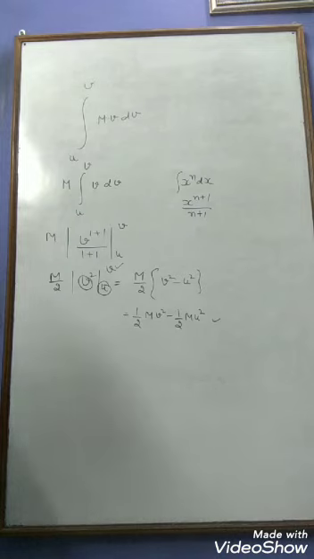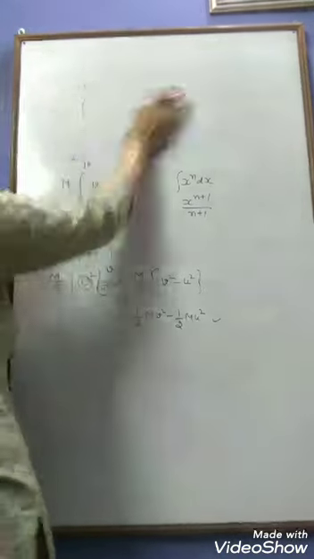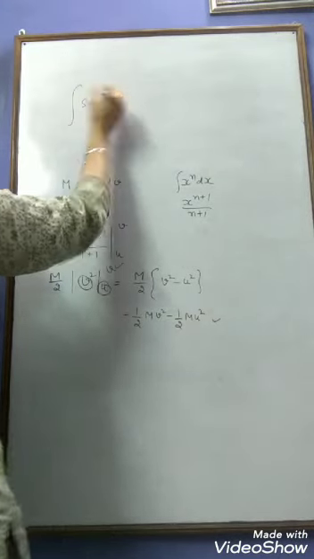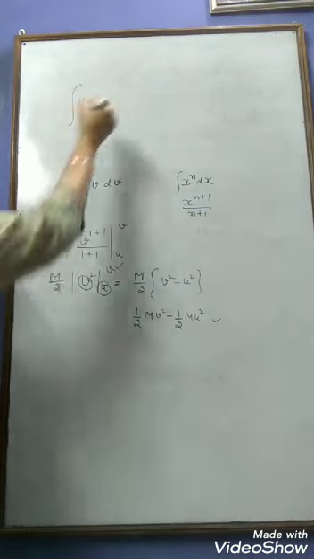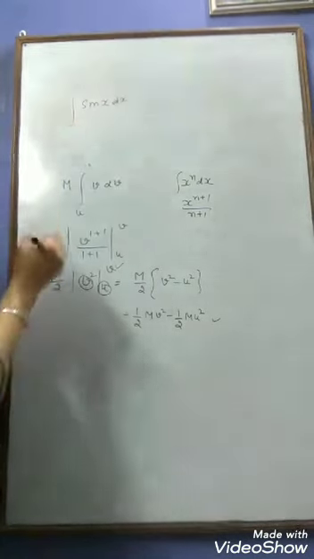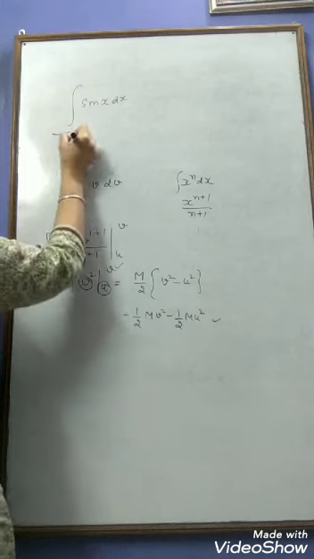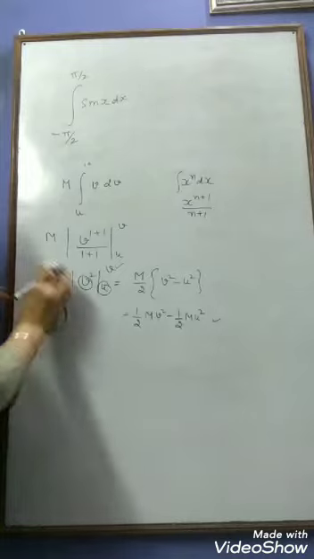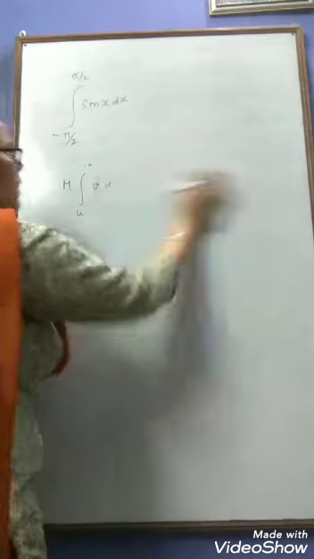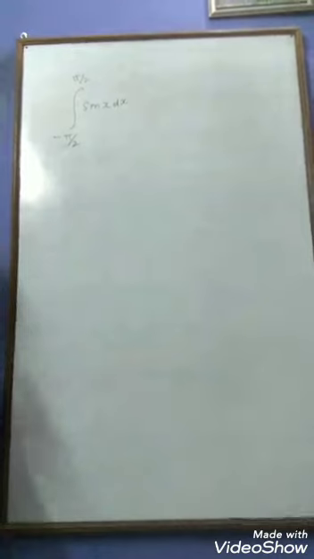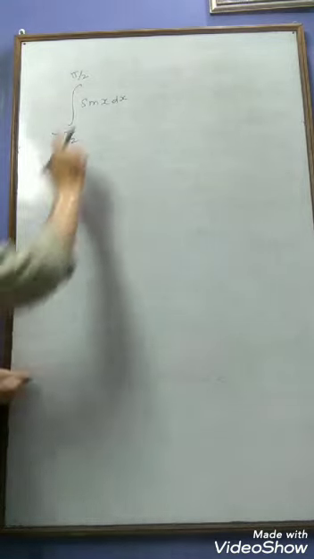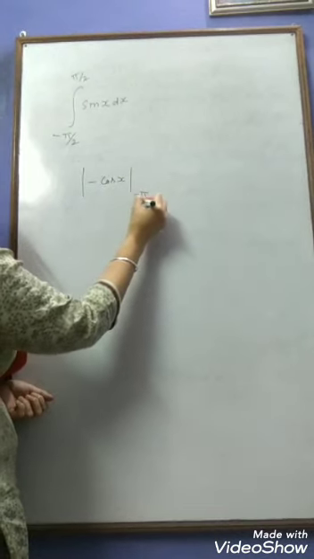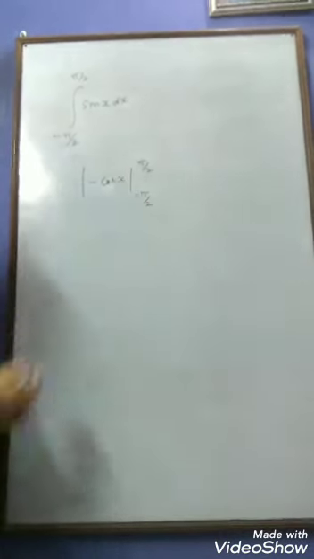Okay, then we again have a term where we use the definite integral, that is the integral of sin x dx from minus pi by 2 to plus pi by 2. Now how do we solve this? First we integrate sin x, which gives minus cos x, from minus pi by 2 to pi by 2.